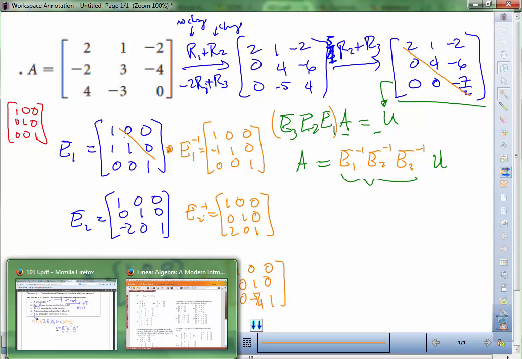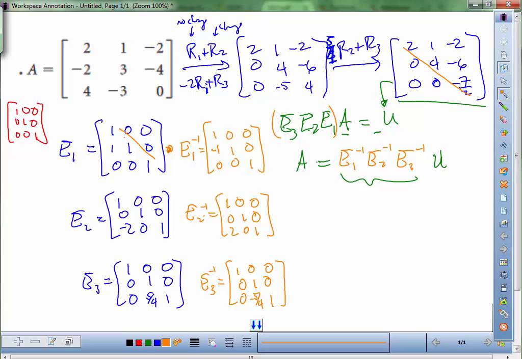I don't want to. All right, we'll do it. There are three of them, so we have to do two at a time. Let's take a look at E1 inverse and E2 inverse, in that order.